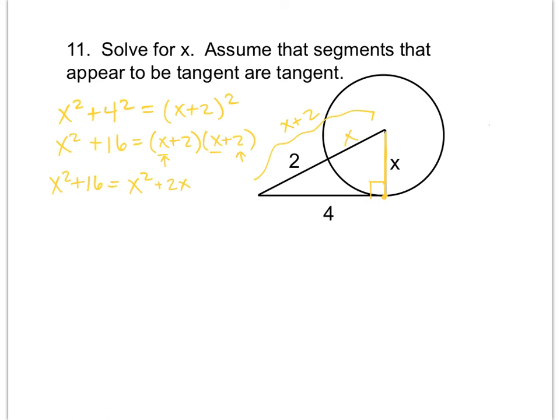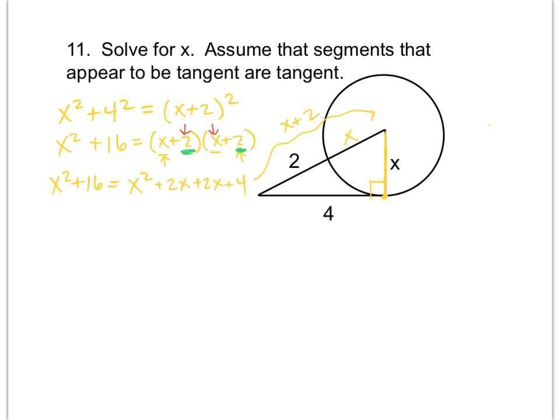The insides would be here and here. If I multiply those, I get another 2x. And the lasts would be the last thing in each parenthesis. 2 times 2 is 4. So all I did there was FOIL or box method. If you like the box method better, go ahead and do that.